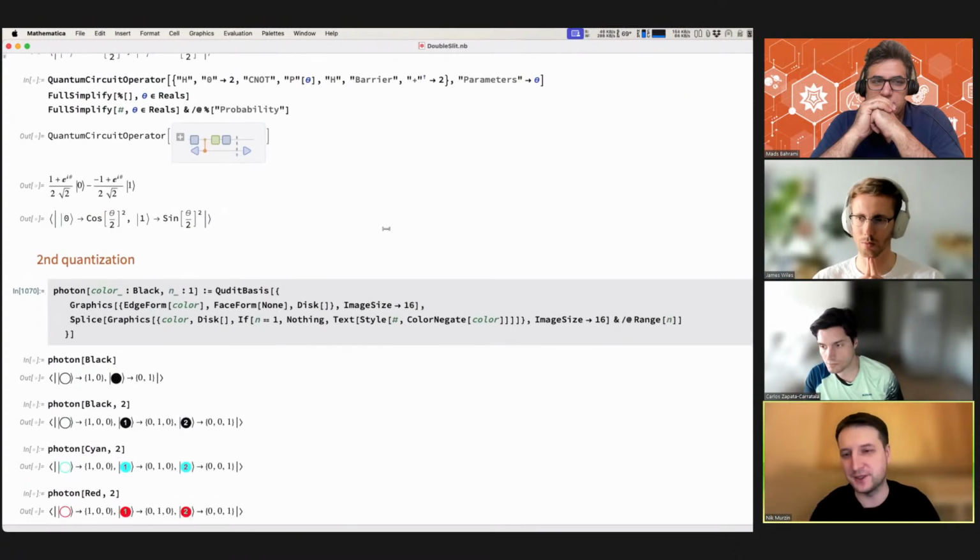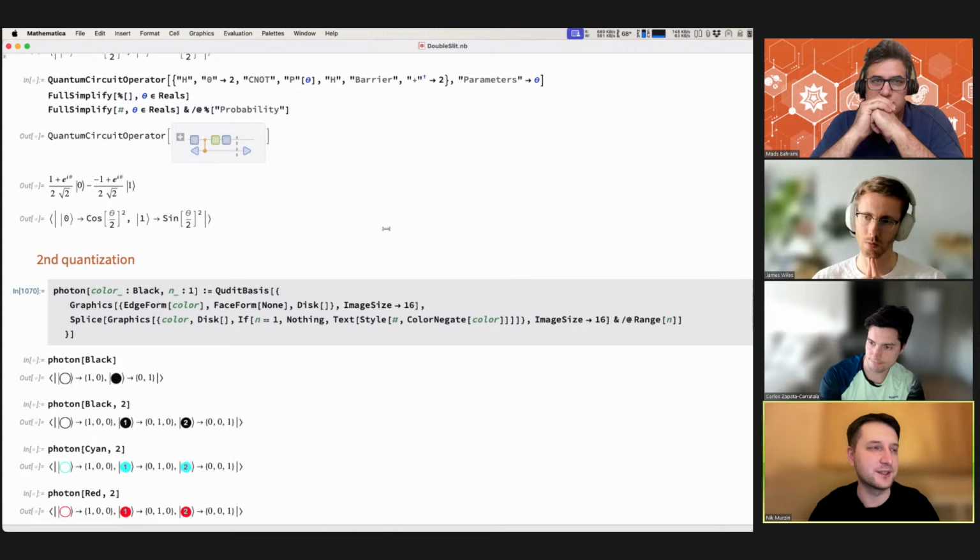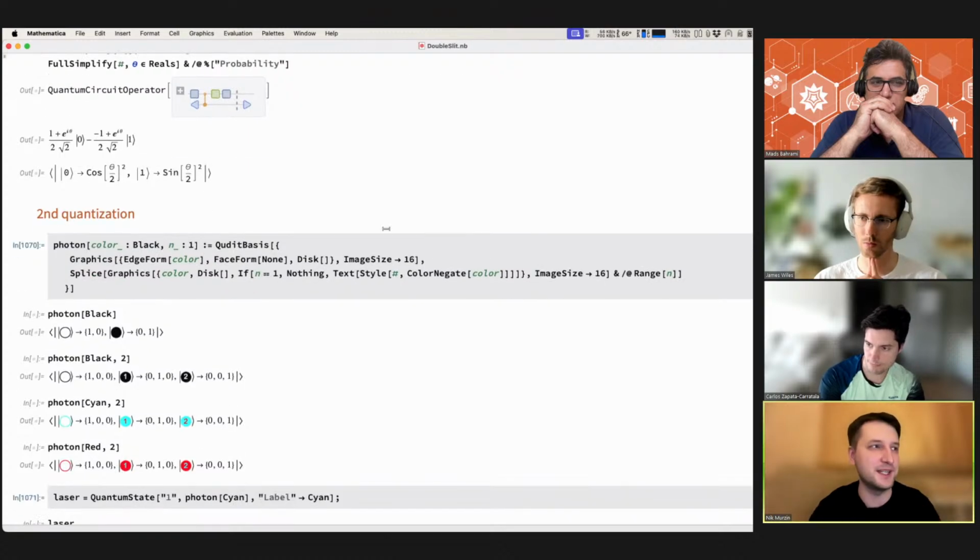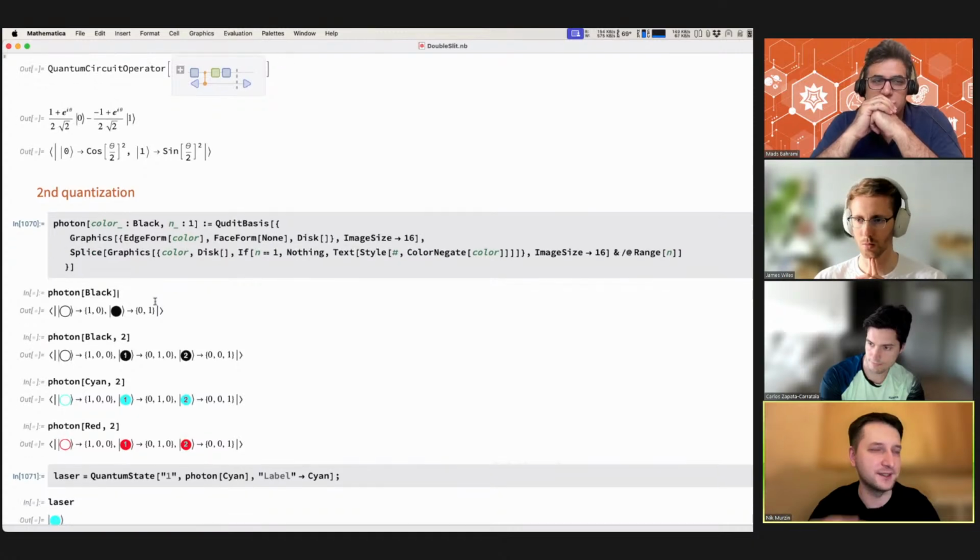So the second quantization, that's why I claim it is more natural to encode these optical setups. You encode the information whether the photon is on the right or left path as a separate element of your basis, and you have a special basis created right here, just some code to show the idea.